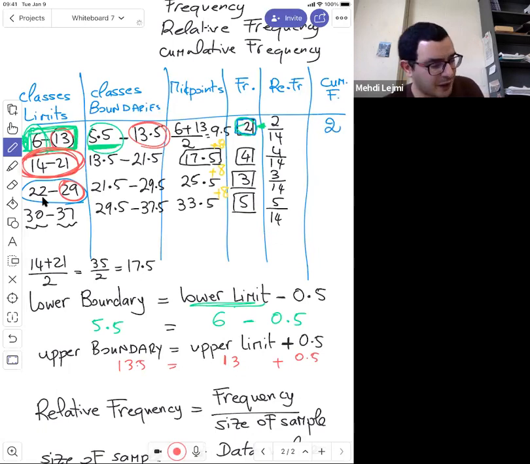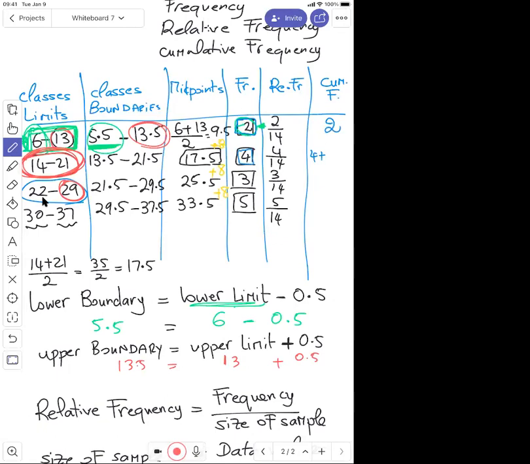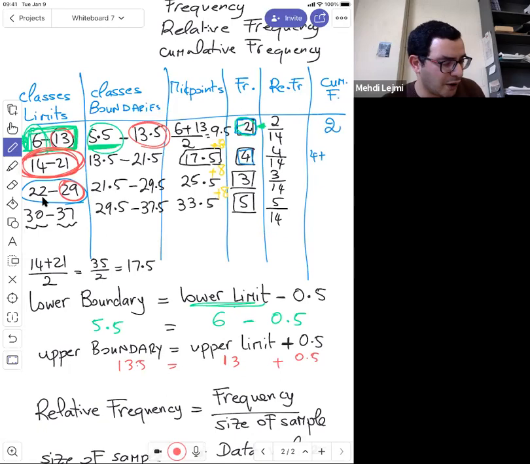The frequency of the second class is 4, plus the frequency of the previous class, the first class, which is 2. So 4 plus 2, the cumulative frequency of the second class is 6, right? That's the frequency of the second class plus the frequency of the first class.